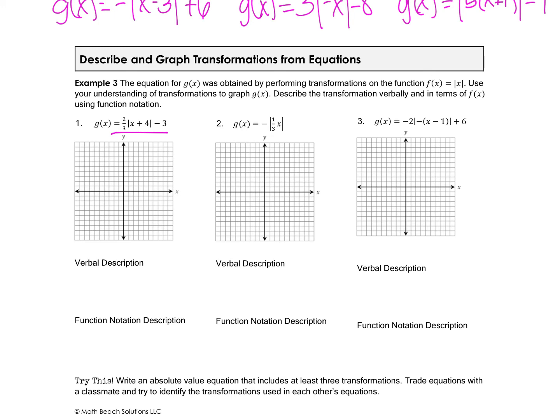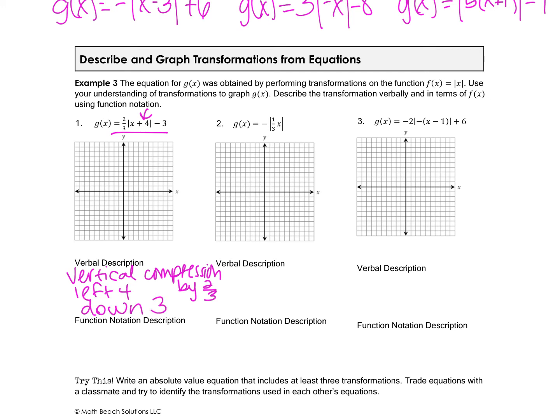So notice the 2/3 in front, that's vertical, and it would be a compression by 2/3. And then we have a, looking on the inside, it's adding 4, so you're going left 4, and then the minus 3, you're going down 3.